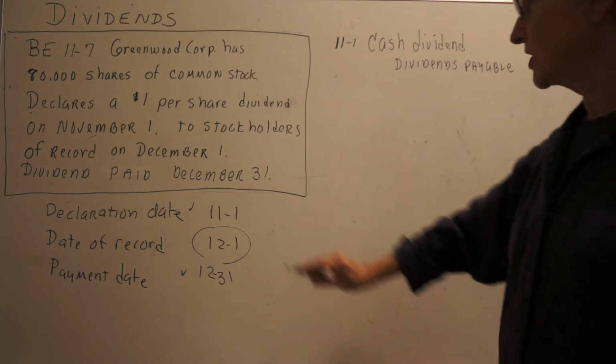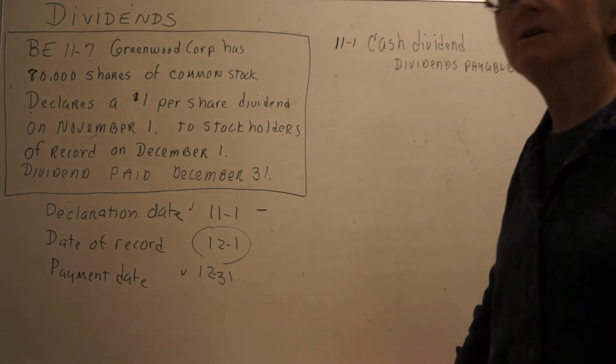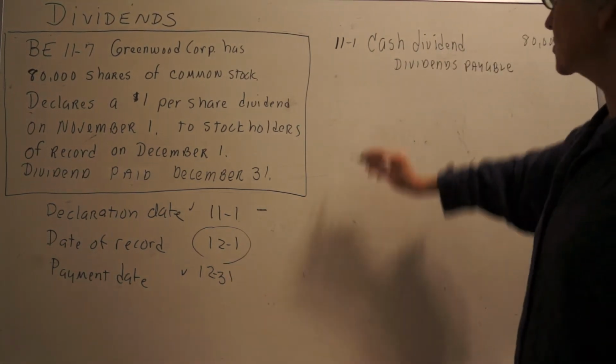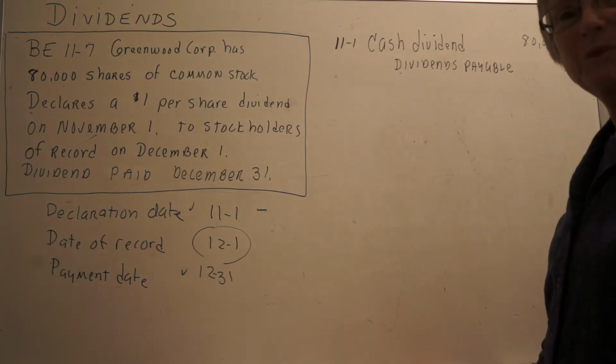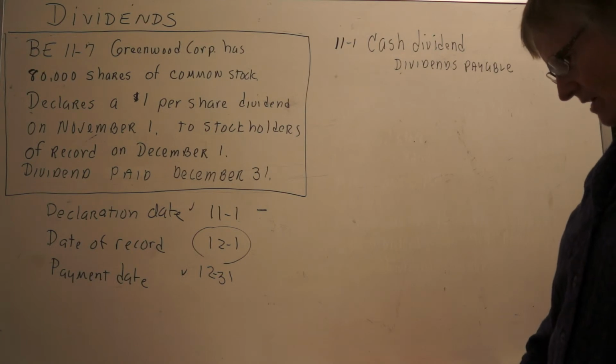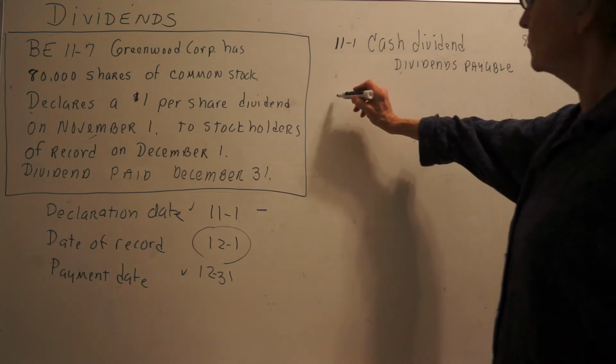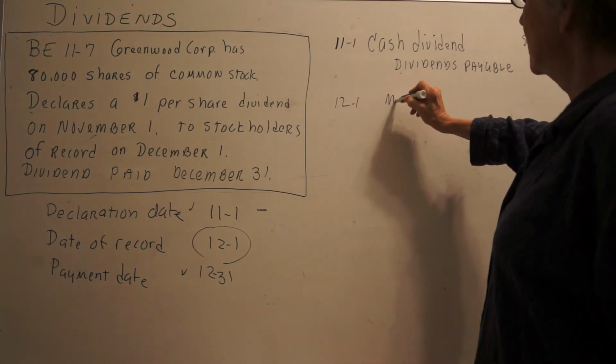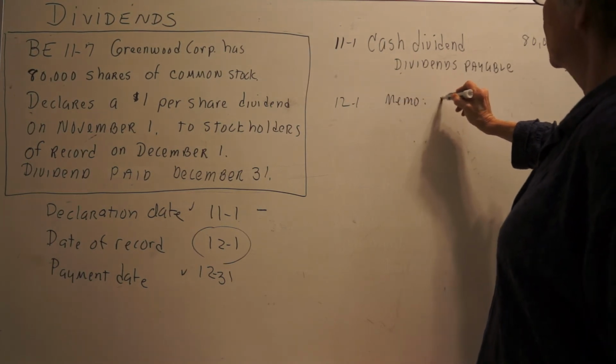So it's on this declaration date that the dividend becomes a liability. Okay, it becomes a payable on that date. Prior to the declaration date, it's not a liability. Okay, so on 12/1, the most you would do is a memo that it is the date of record.